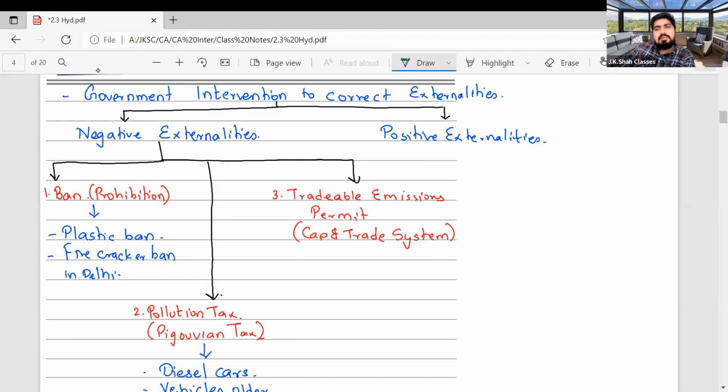He goes to the government and asks, please allow me. Government says, please come back in April.